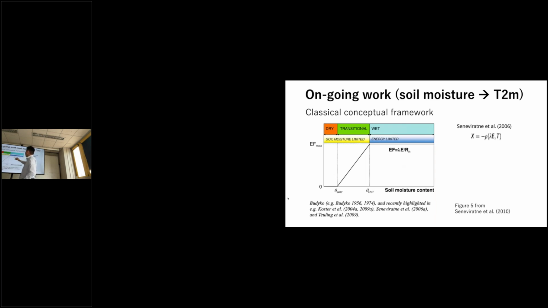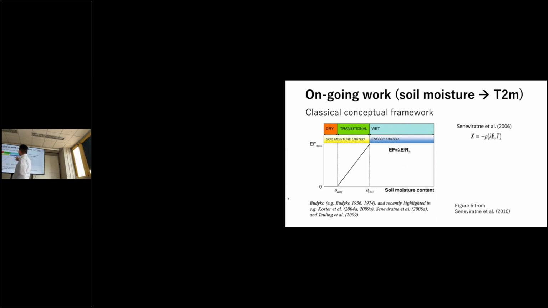So this is the exchange. In very dry conditions, of course, there's no evaporation. So we don't have evaporation here. That's why we have the regime in the very dry region.